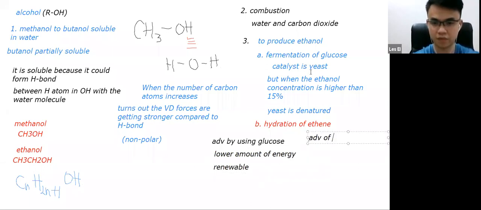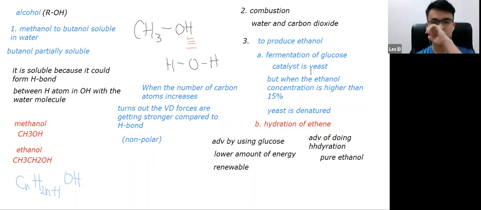The advantage of doing hydration is you can get a pure ethanol. In the first process, the ethanol that you produce is being mixed up with the glucose, so it's not pure.